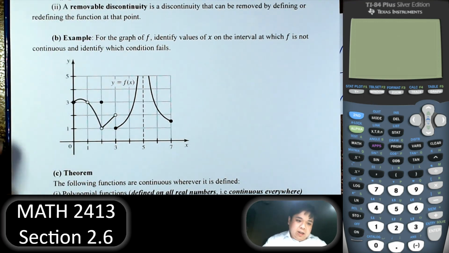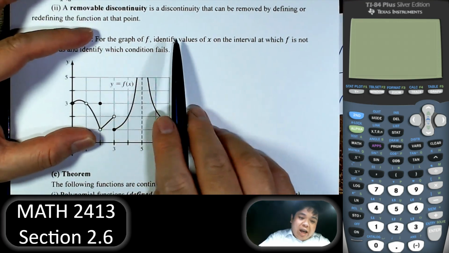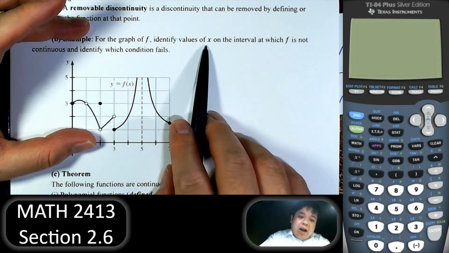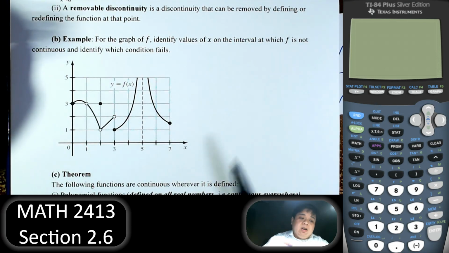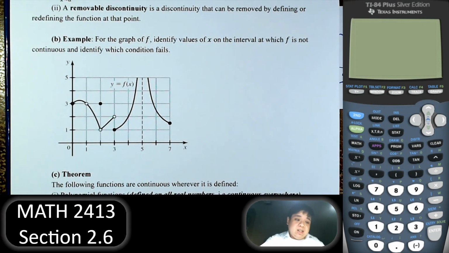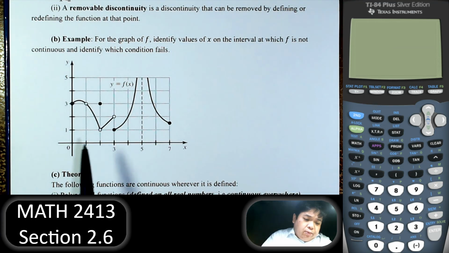Now this question asks us to identify the values of x where the function is discontinuous. So we can say it is at x equal to 1.